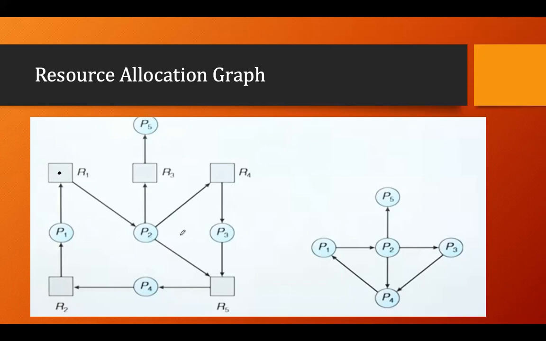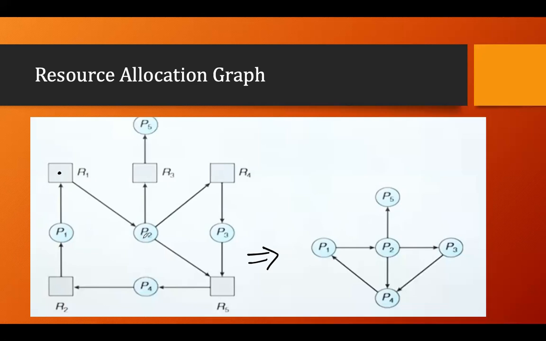To simplify this particular resource allocation graph, we can draw the graph in this way. As you can see, P2 is requesting R3, but R3 is already given to P5. So ultimately, P2 is waiting for P5 to release R3. Now here, P1 is requesting R1, but R1 is already given to P2.